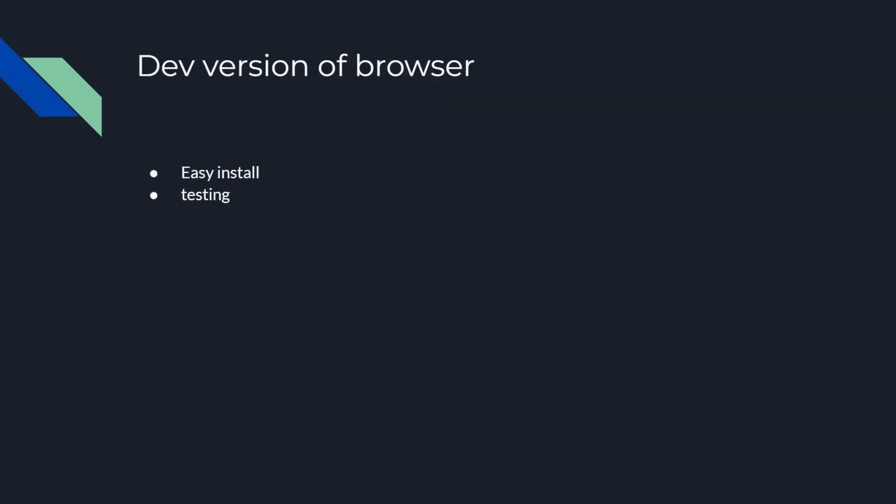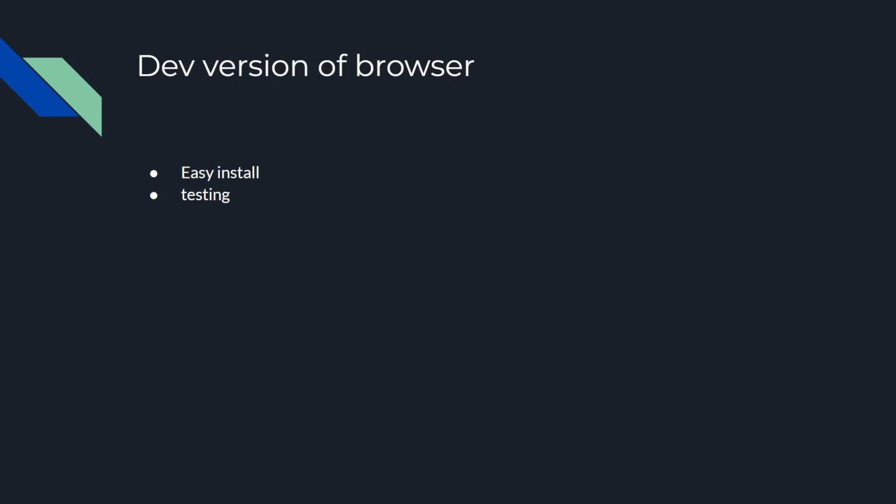Why do you need a dev version of a browser? A lot of browsers don't support manually installing plugins without setting some flags on. Most of the flags are already on in development versions, which means a lot of development browsers allow you to just drag and drop the built project.